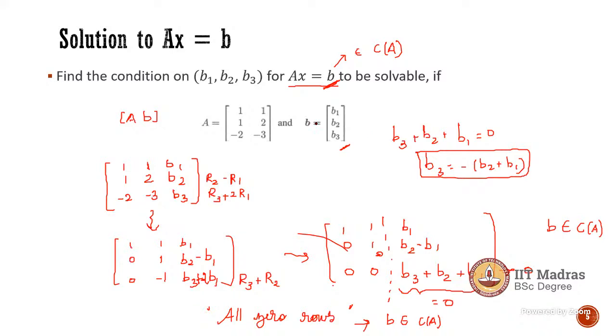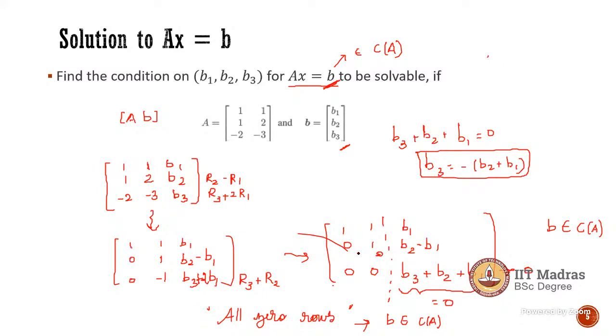So now can we say another way of looking at it is that the rank of the matrix A and the rank of the augmented matrix should be the same, and then we can say that B belongs to the column space of A? So the rank of the matrix A and the rank of the augmented matrix, which is A B, should be the same.